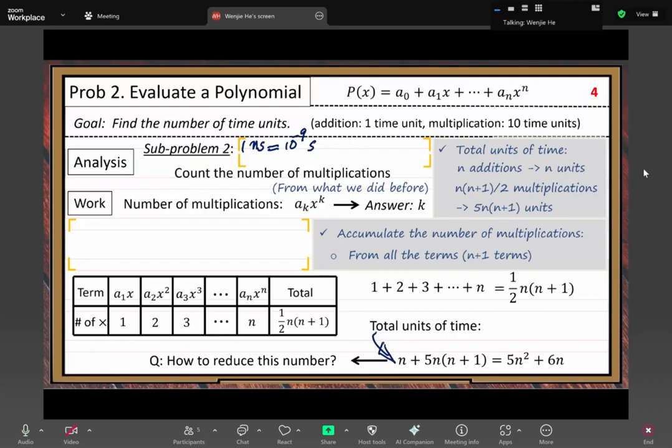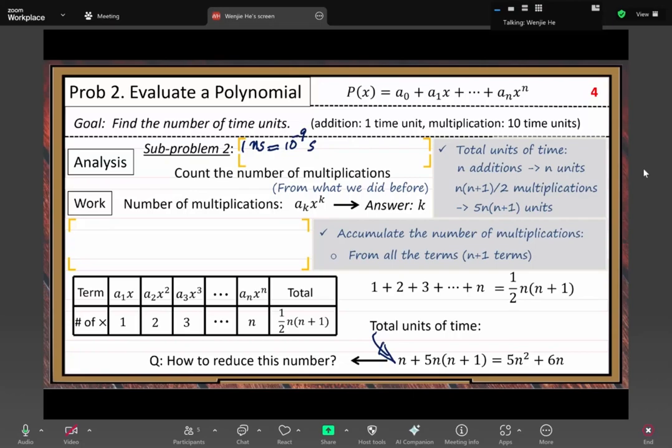Next question. We finished the brute force method, but we're not satisfied. Remember last time, with the special example x to the 4th, we can do better, because for x to the 4th we can use one fewer multiplication.